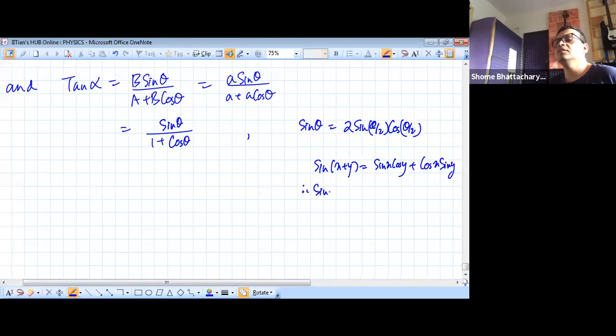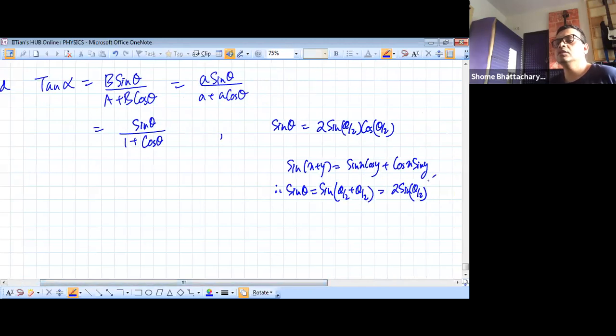Therefore, sin theta can be written as sin of theta by 2 plus theta by 2. So that will become 2 sin theta by 2 cos theta by 2. You would have studied this, I think recently you would have studied the half angle formula and all that. So we are using this, okay. And we are also going to use this, 1 plus cos theta as 2 cos square theta by 2.